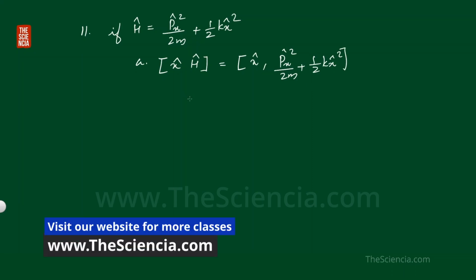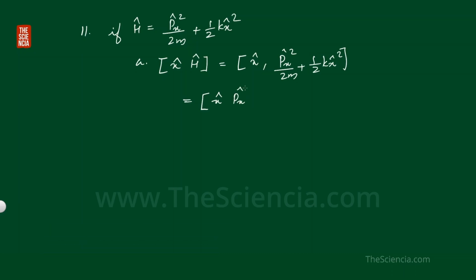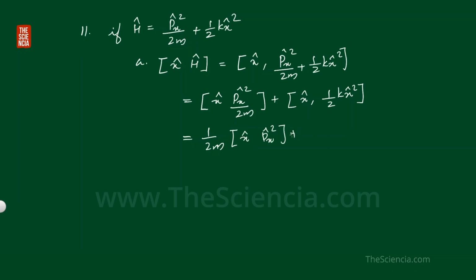So we can expand this, that is commutator x cap, px cap square by 2m plus x cap comma 1 by 2 k x cap square. Here we can take the constant terms outside, that is 1 by 2m into x cap, px cap square plus 1 by 2 k commutator bracket x cap comma x cap square.